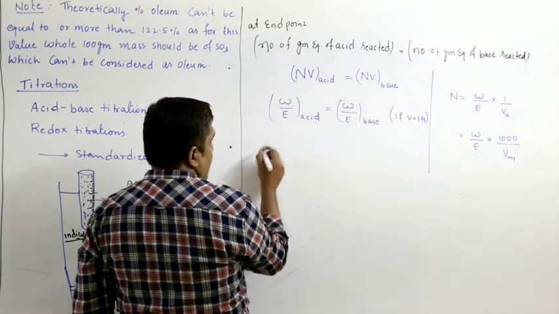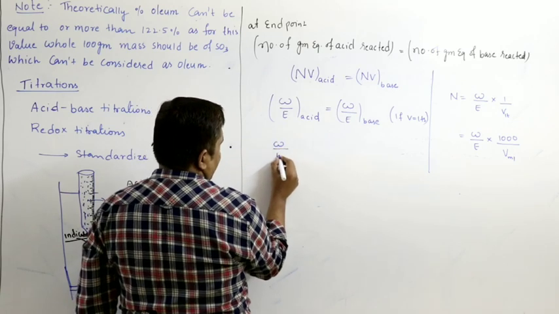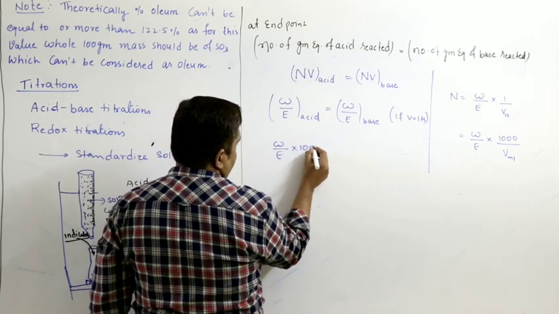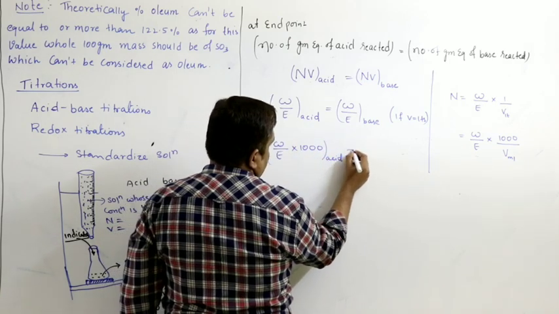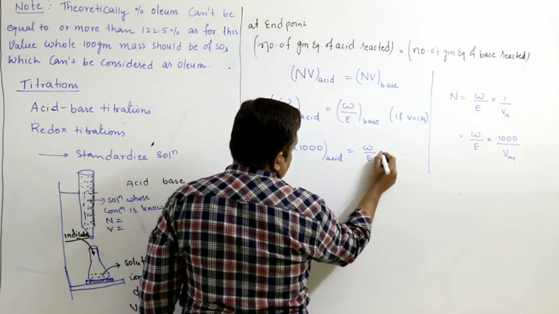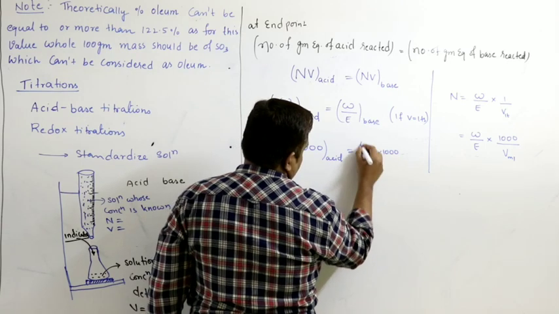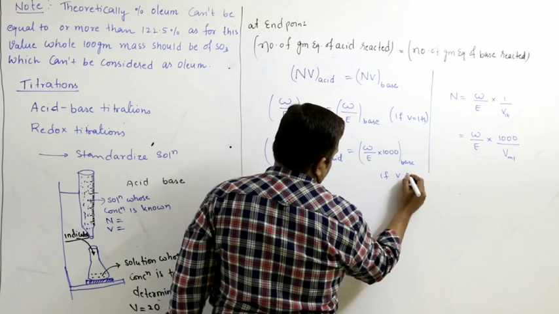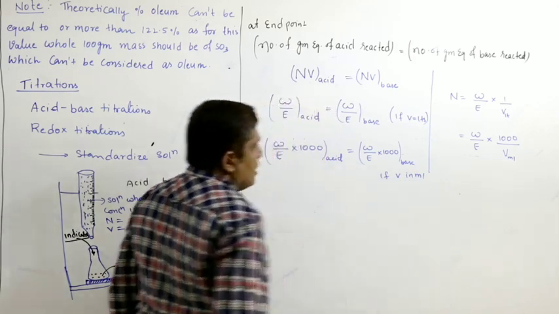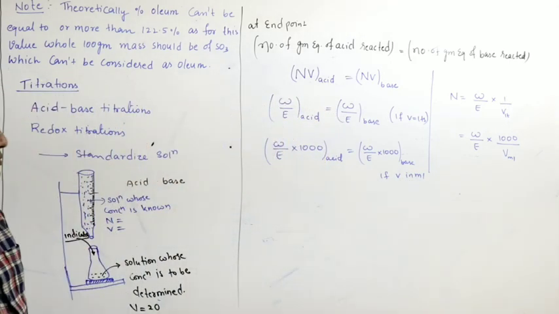If volume is in ml, weight by equivalent weight into 1000. This becomes milligram equivalents.